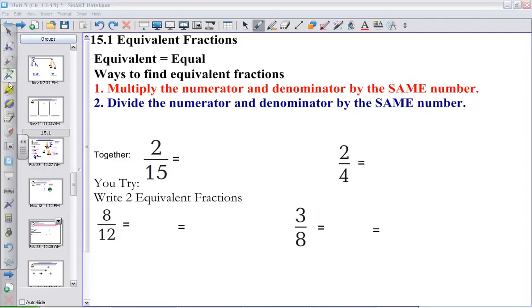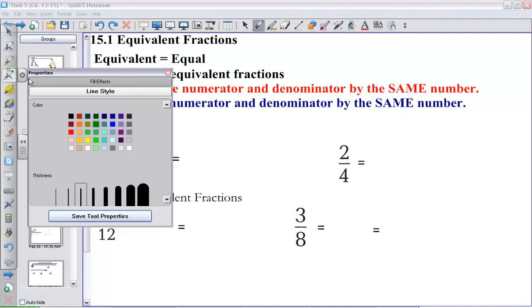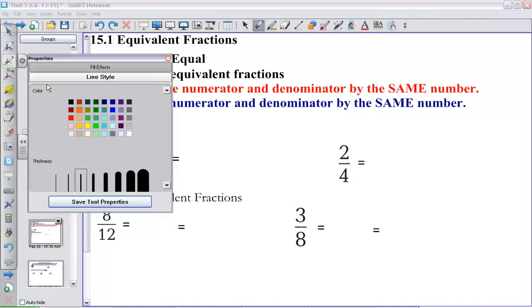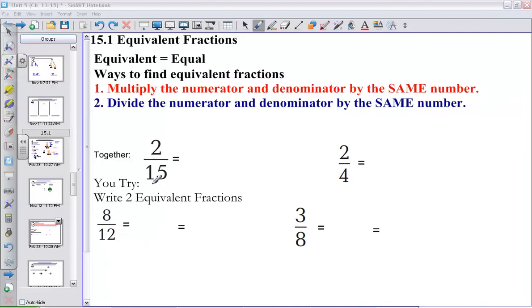Alright, so let's look at how I write equivalent fractions. Let me change my pen colors here. First of all, review. Equivalent means equal. So how do I find equivalent fractions? One thing I can do is multiply my numerator and denominator by the same number.